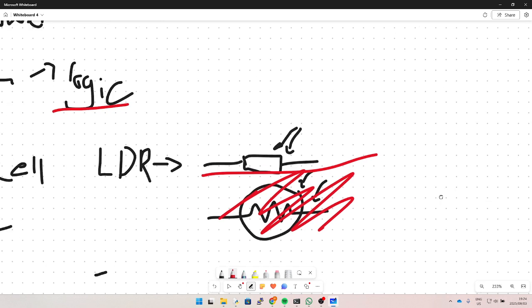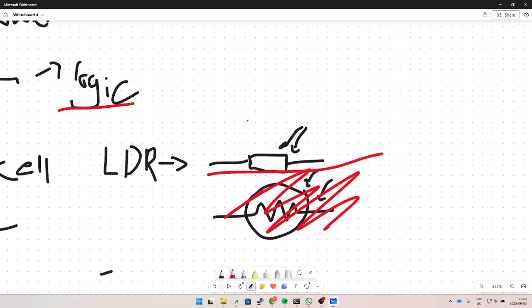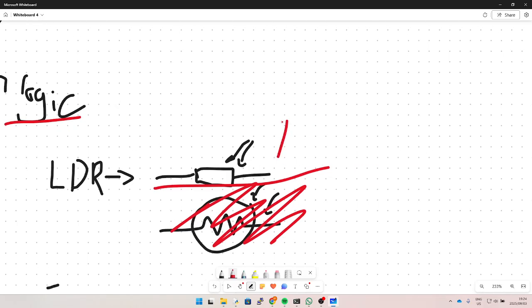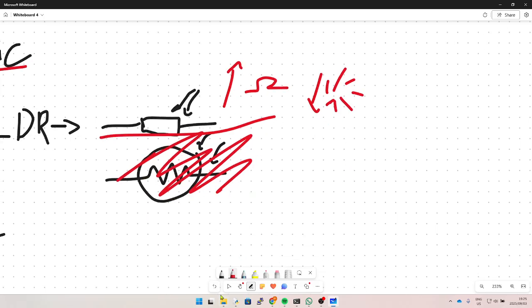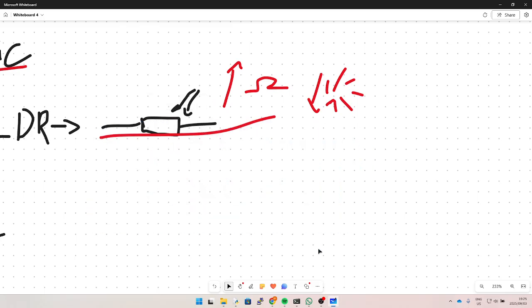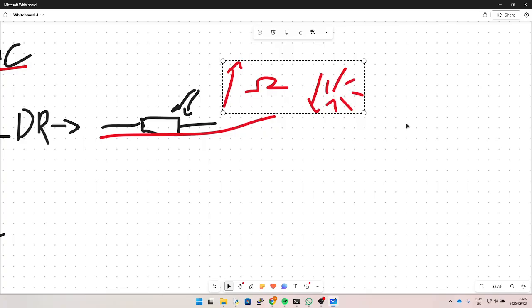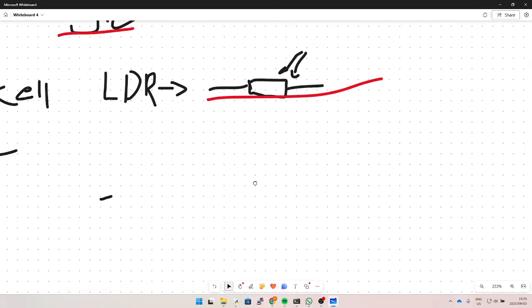Okay, LDR symbol. It measures light. The more light you have, the less resistance. The less light you have, the greater the resistance. It works based on photons. That's simple stuff.